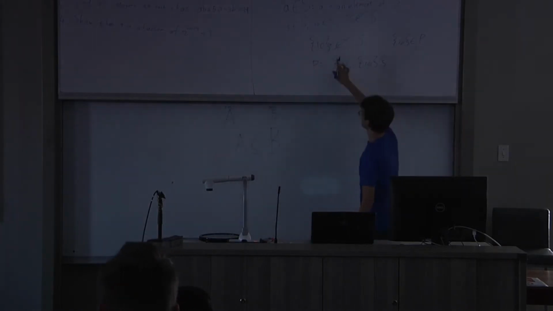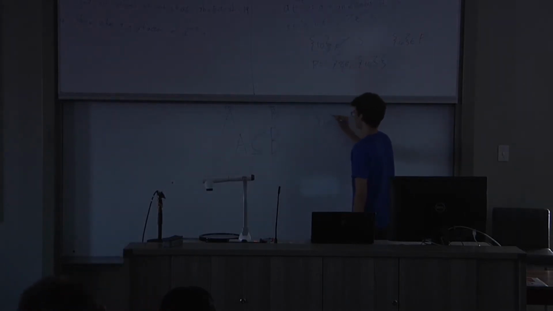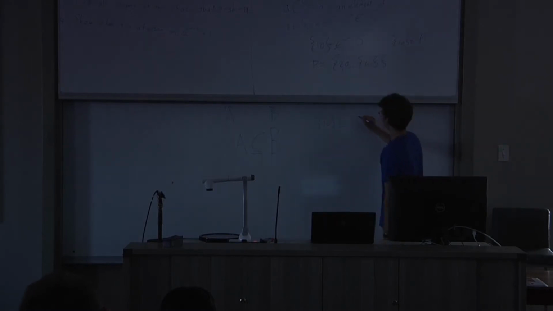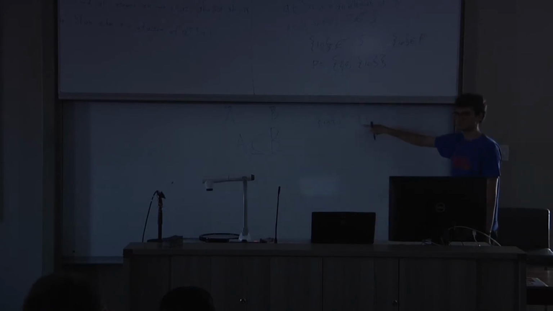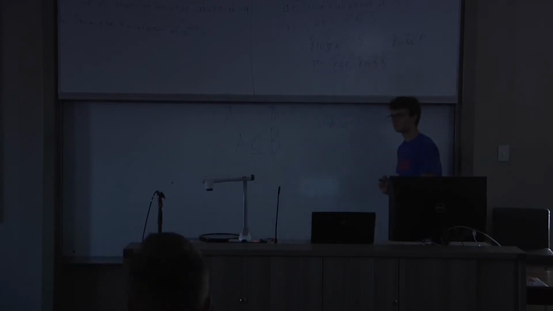So, for instance, over here, the set containing 10 is a subset of the set 10, 23, because 10 is in both of them. But if you put 5 over there, then that would not be true. Okay? Is everyone fine with that?